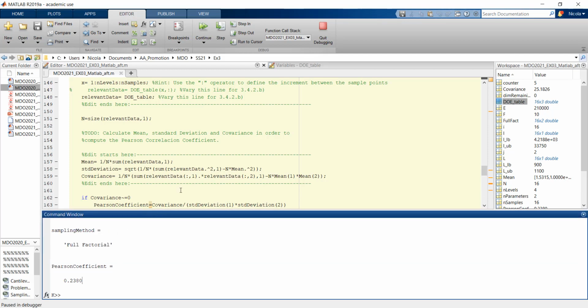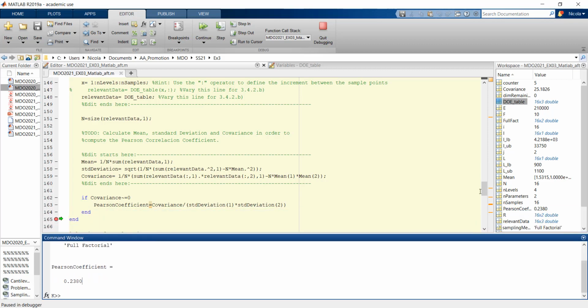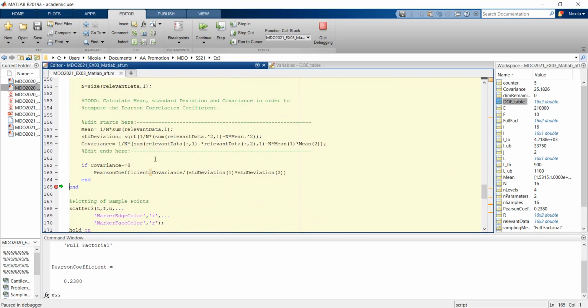So for this certain inertia of 4,000 something, there's a pretty strong linear relation between L and U, but looking all over the whole design space, it's not as strong. For different I, it's more like a plane. It's no longer just one linear equation, and we'll see that later when we plot it.